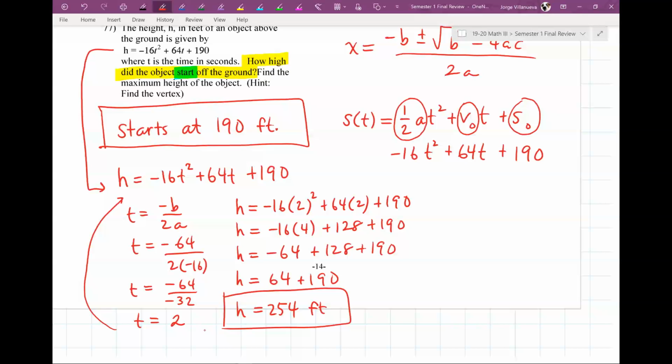If you don't remember that, this is how you find it. Let me at least give you a hint in case you've never taken physics and you're like, Mr. V, I'd have no idea how to find out that it's 190. This is how you do it. What time is it when you first start? You know how you can say time is 1 second, 2 seconds, 3 seconds, etc. What's the value of time when you first start an experiment? 0.